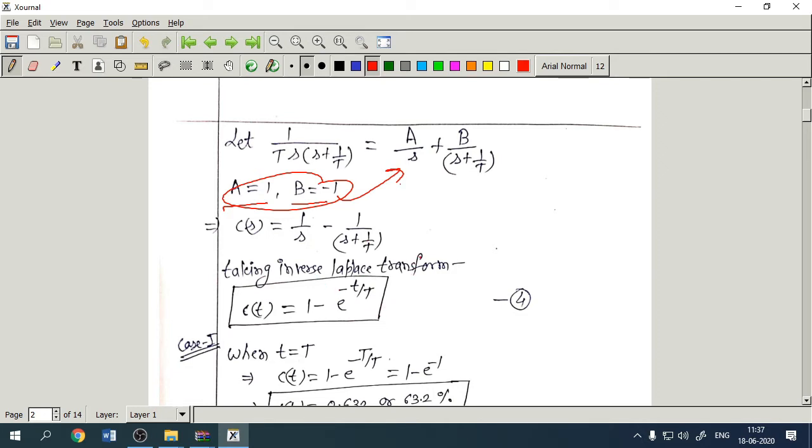Now taking the inverse Laplace transform, we know that the inverse Laplace transform of 1 by s is 1, and the inverse Laplace transform of 1 upon (s plus a) is e to the power minus at.